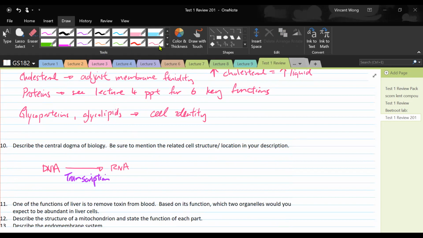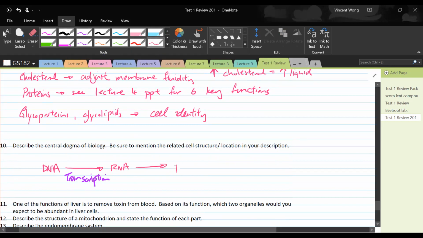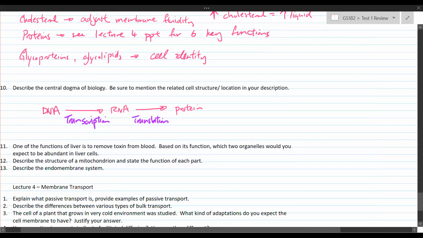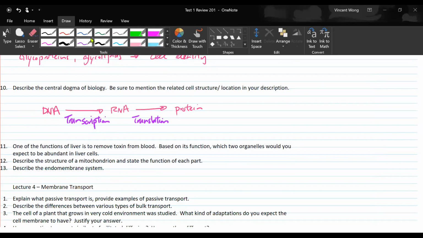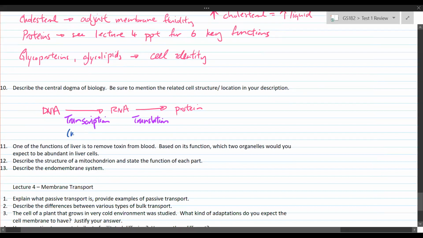And then once you have that copy, you're going to use it to make the protein, and that is called translation. Transcription happens in the nucleus, whereas translation happens in the cytoplasm. So that involves ribosomes coming along, right?